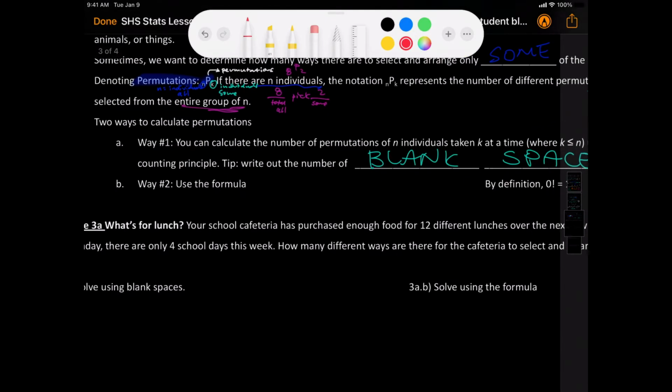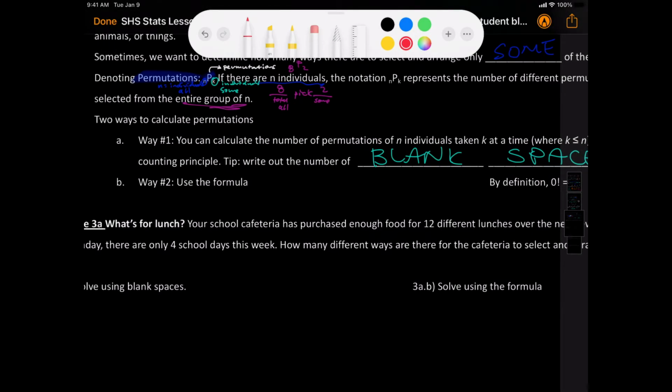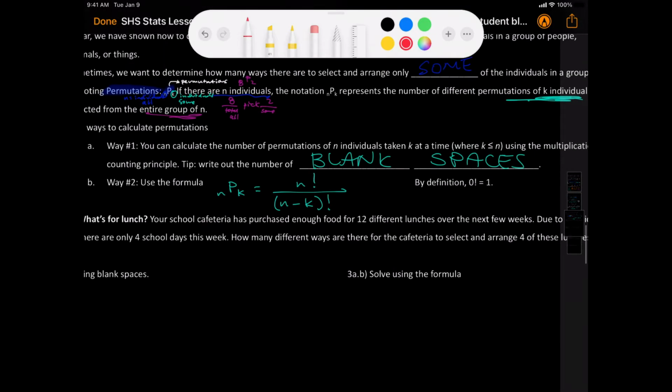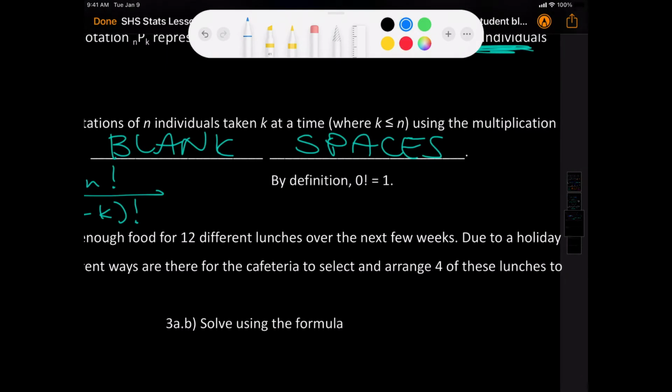So let me show you guys the formula. Total permutations, picking some of them, is equal to n factorial, the total factorial, over the total minus the sum, factorial.